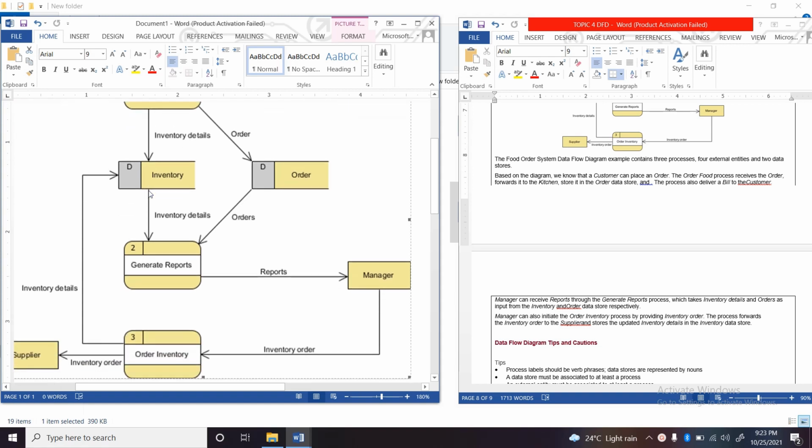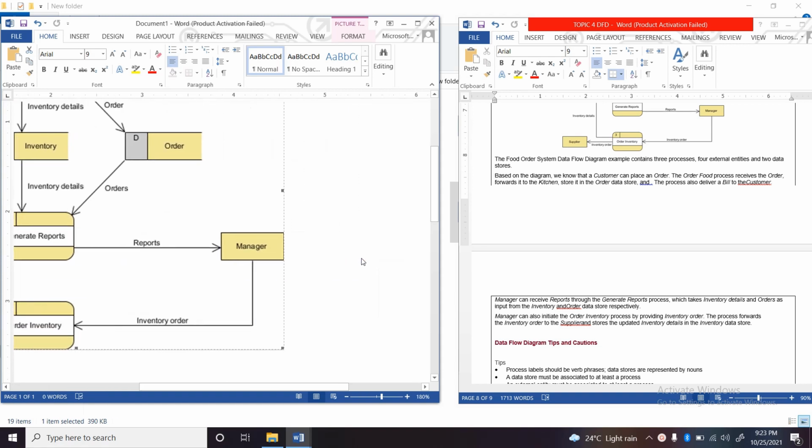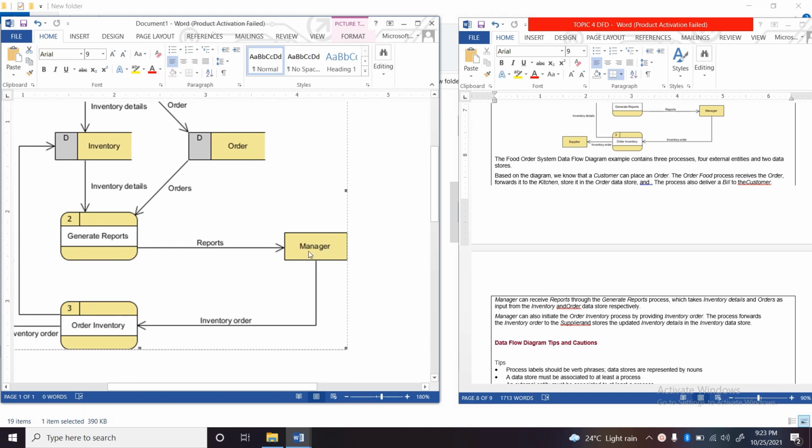Okay, and after that, the manager entity natin can also receive reports from the generate reports process. So, ito yung generate reports process natin. Okay, papunta siya doon sa manager kasi magre-receive siya ng mga reports.